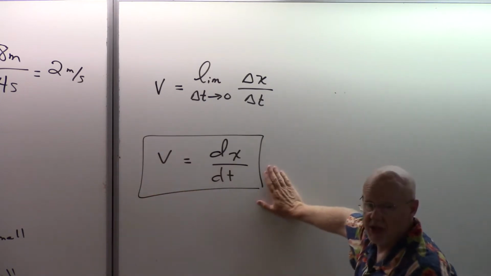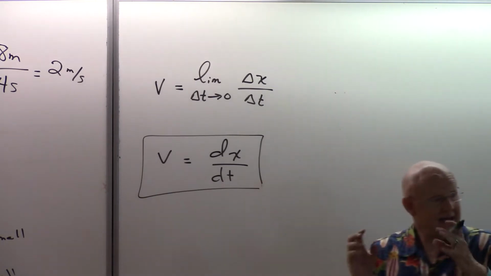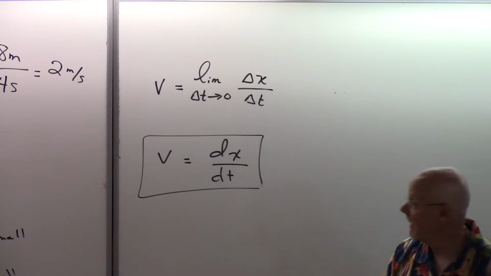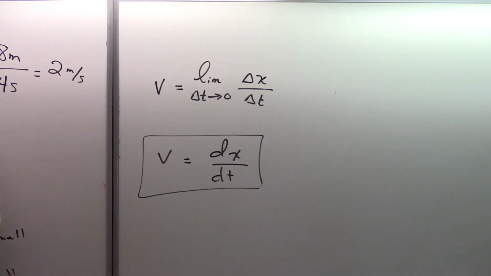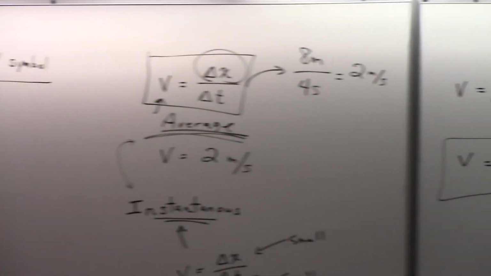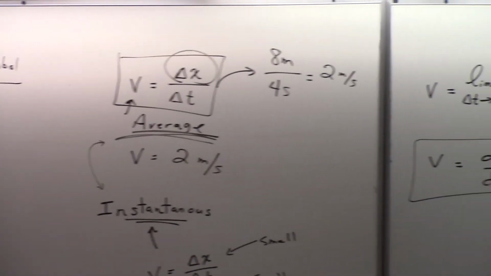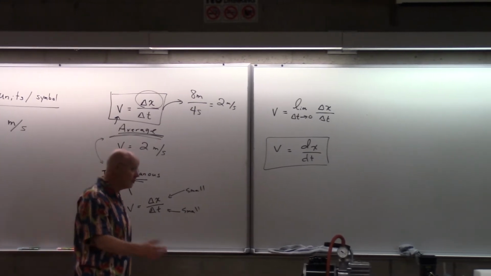So here is the equation that I would think about for instantaneous velocity, whereas this is the equation I would think about for average. And so let's talk about, of course, both of those and see what kind of problems we can have.